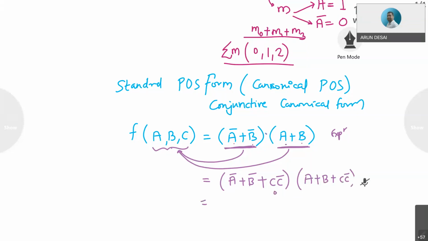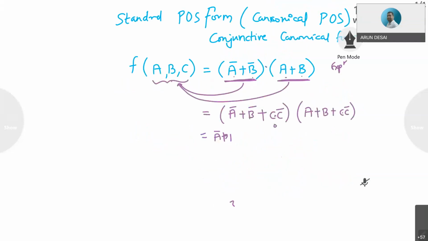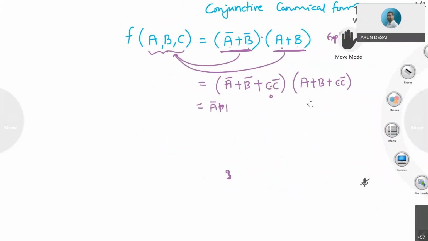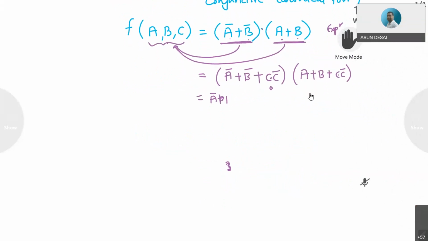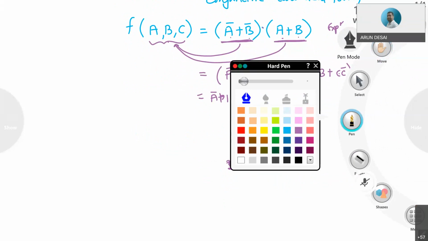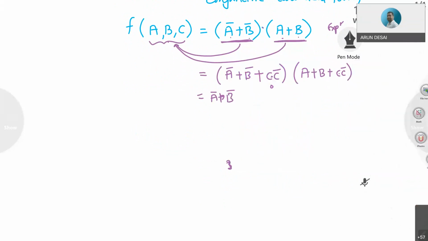In that case, we need to split this expression on this AND gate. A complement plus B complement. B complement plus C is a term.